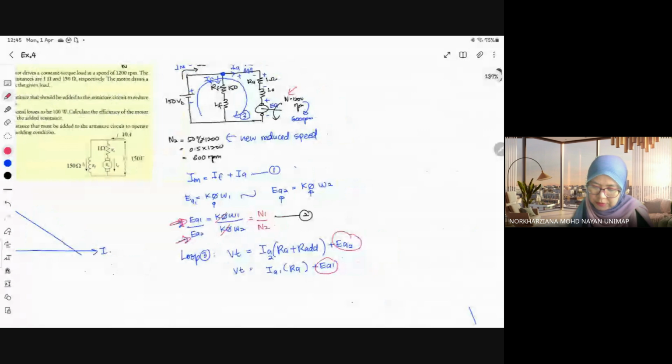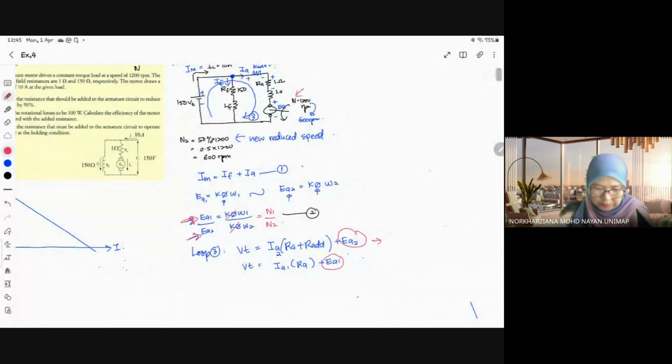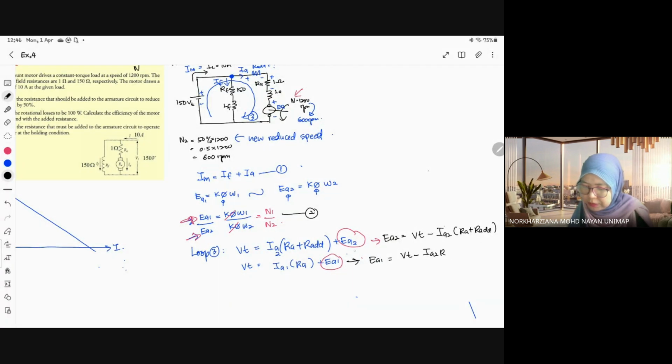Okay. From this equation, rearrange your EA. EA2 equals to VT minus IA2 (RA plus RX), and EA1 equals to VT minus IA1 RA. Okay, and replace EA1 and EA2 on equation 2.